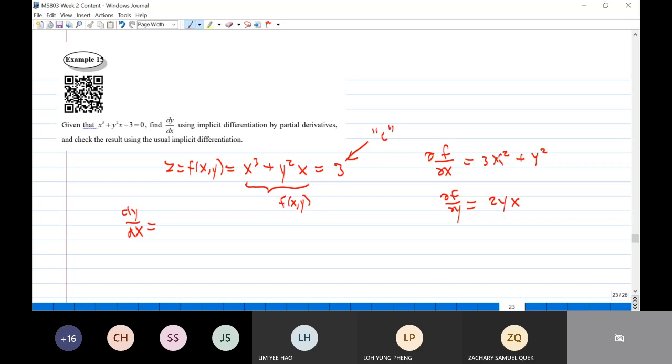Now the formula for dy/dx tells you that this is equal to negative partial differentiation with respect to x over partial differentiation with respect to y. So this is equal to negative of 3x squared plus y squared over 2xy. So this is using partial differentiation.